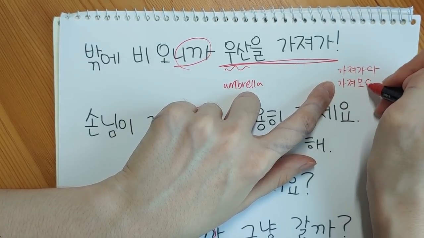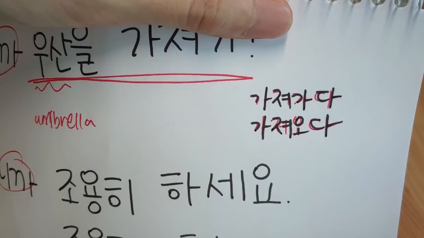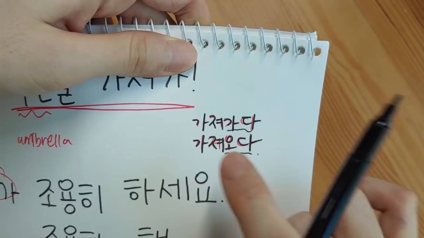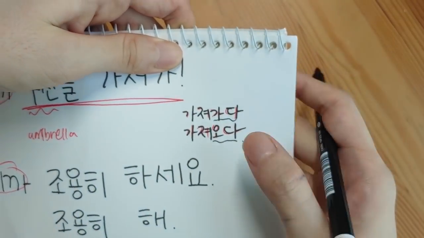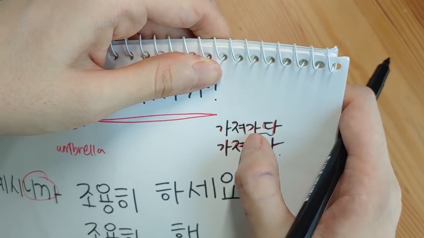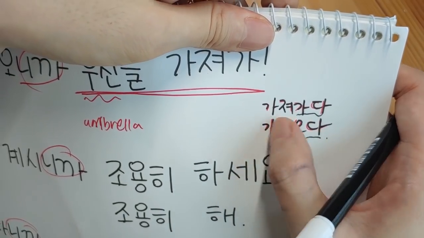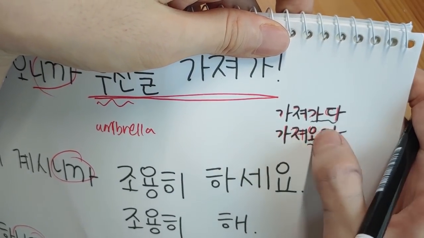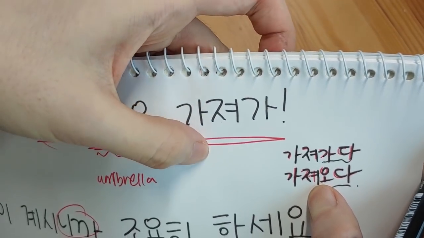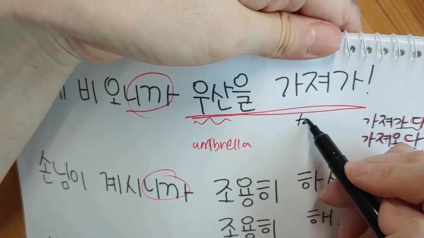There's a difference between 가져오다. 가다 means to go and 오다 means to come, right? 가져가다 means to take it, so have it and then go. And 가져오다 means to have it and then come, so it means to bring. But here, 가져가 is used, so it means to take.